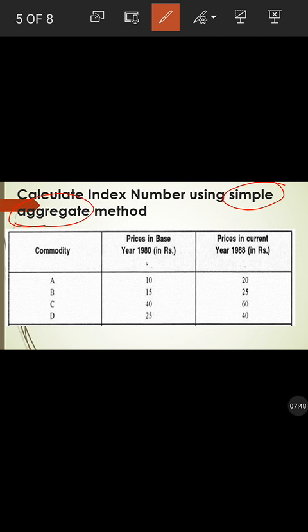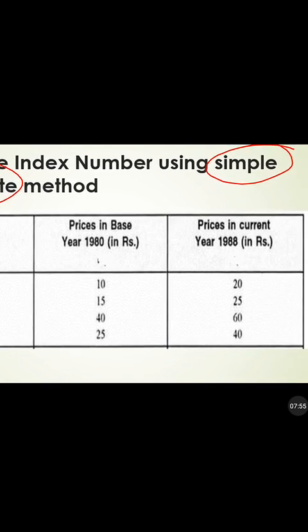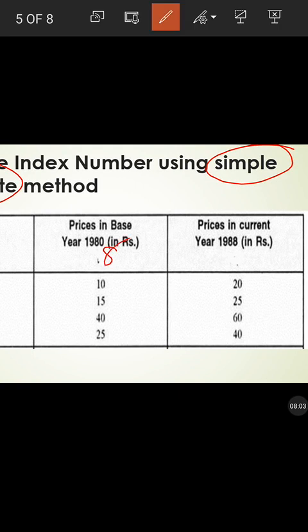So what is given in the question? Commodity is given, and price in base year, price in current year. Here the years are 1980 and 1988.